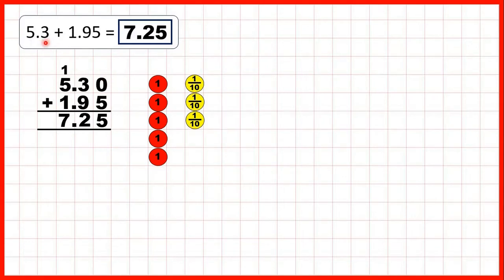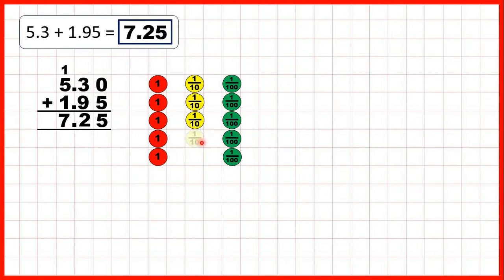Next we had 5.3, so 5 ones and 3/10, and we were adding 1.95. First of all, we added 5 hundredths, so let's count 1, 2, 3, 4, 5 hundredths place value counters. Then we added 9/10, but adding 9/10 meant that we had 12/10, so we exchanged 10 of those tenths for an extra whole and had 2/10 in our answer. And we can see how this works.